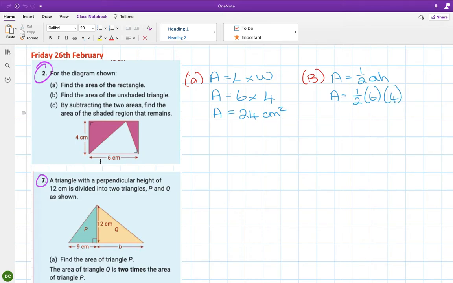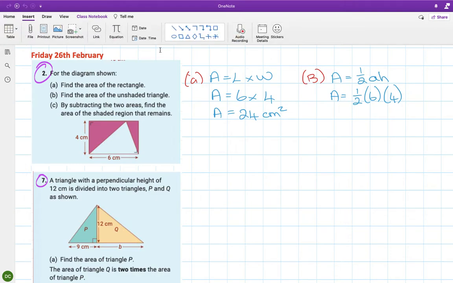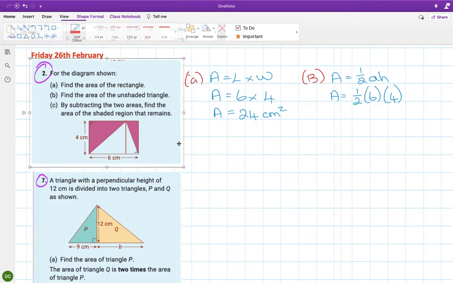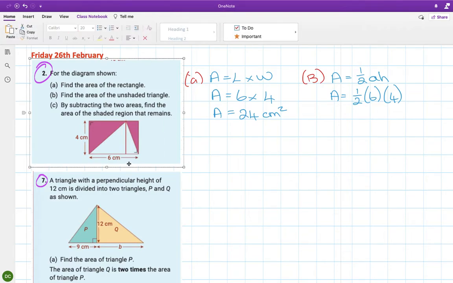If I draw a line from the highest point of the triangle to the base of the triangle, dead straight, can you see that that red line I've drawn is the same length as the 4? Yep.